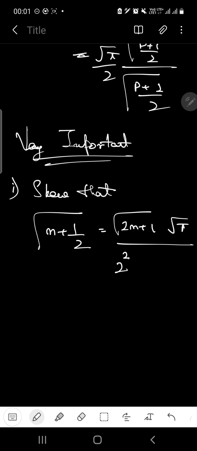So the problem says, show that gamma of n plus half is equal to gamma of 2n plus 1 times root pi over 2 to the power 2n times gamma of n plus 1. Clear? We need to show this.